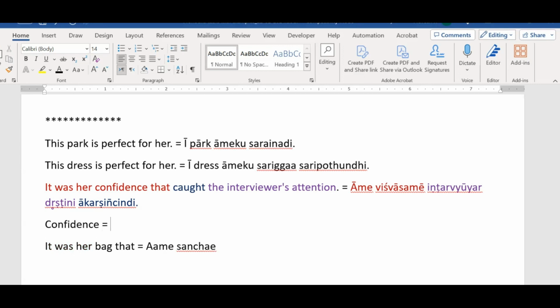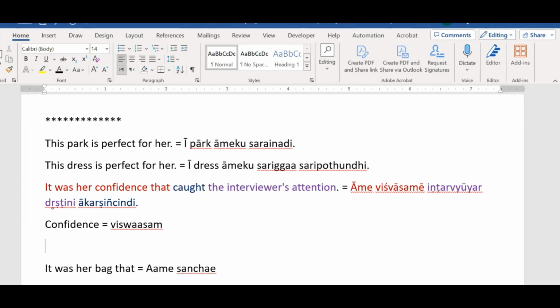Confidence means "Viswasam", "Atmaviswasam". Self-confidence means "Atmaviswasam". Confidence, "Viswasam".